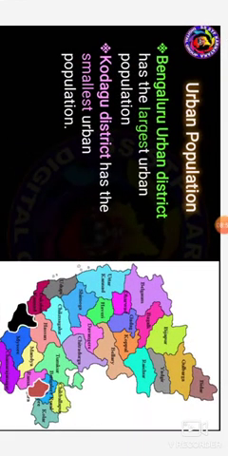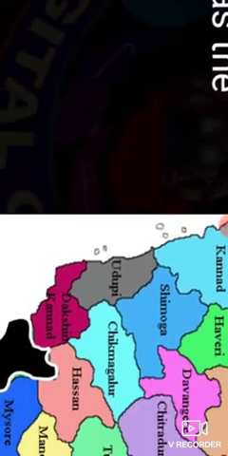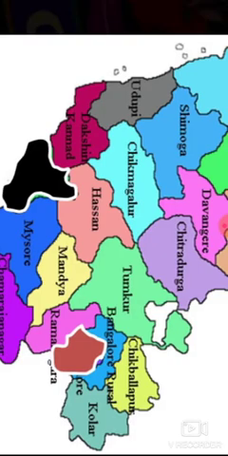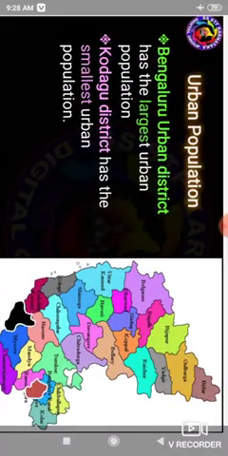And the next, the urban population. The largest population we have to see is in Bengaluru. Look at that chart. Bengaluru Urban has the largest population among these cities.